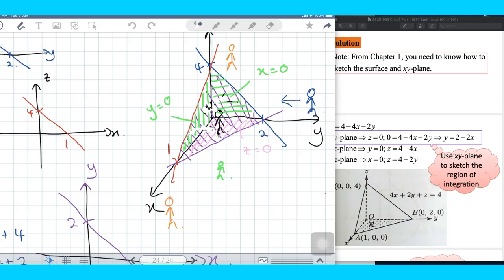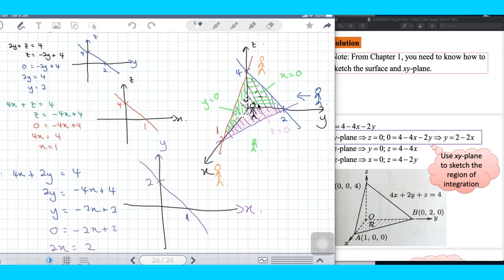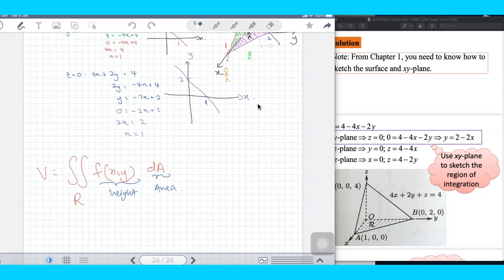So when you have that particular orientation, your region is on the XY plane. That's why you have to put XY for your region, just to let you know that my region should be on the XY plane.